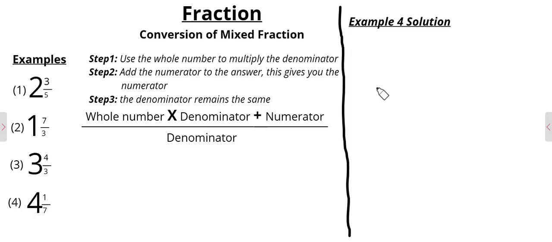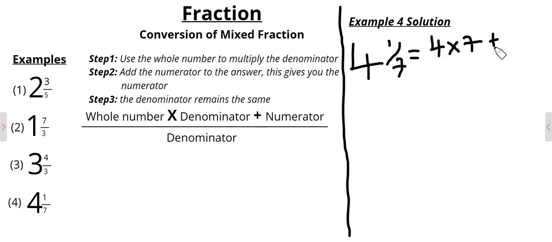So let's take our final example solution there, which is example 4, which is 4 whole number 1 all over 7. Again, we go the same method. It's going to be 4, which is the whole number, times 7, which is the denominator. Then we add 1, which is the numerator, to it, all over the denominator.